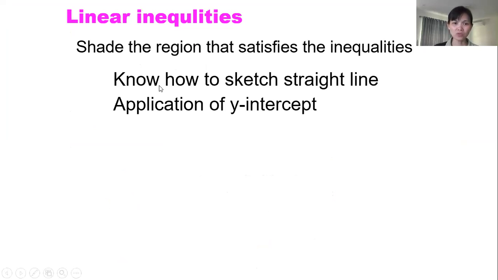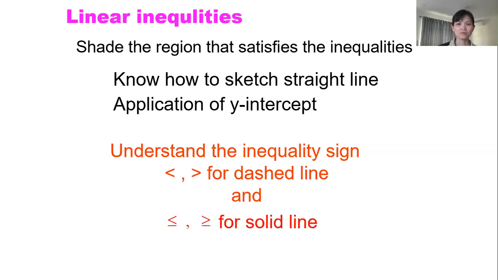You need to know how to sketch a straight line and how to apply the y-intercept. Remember, less than or greater than is for a dashed line, whereas less than or equal to, greater than or equal to is for a solid line.